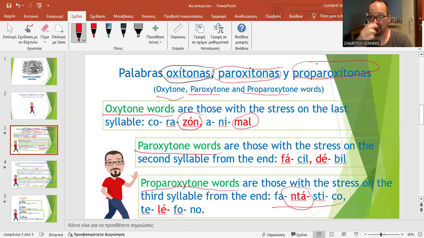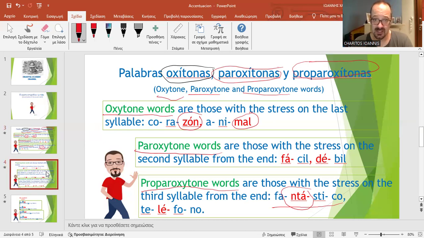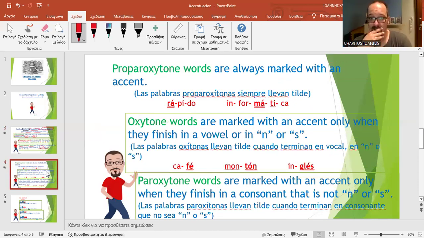However, the third syllable before the end is stressed. So keeping that in mind, now we can explain when we write la tilde, the accent mark, in Spanish words.